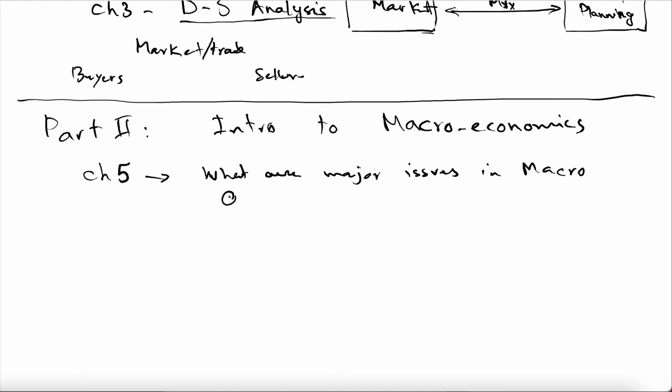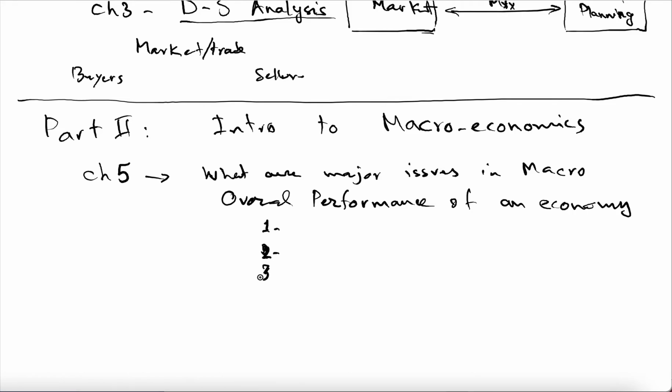So the overall performance of an economy is concerned, and there are major issues, and we named 3 of them: the growth issue, inflation, and unemployment.